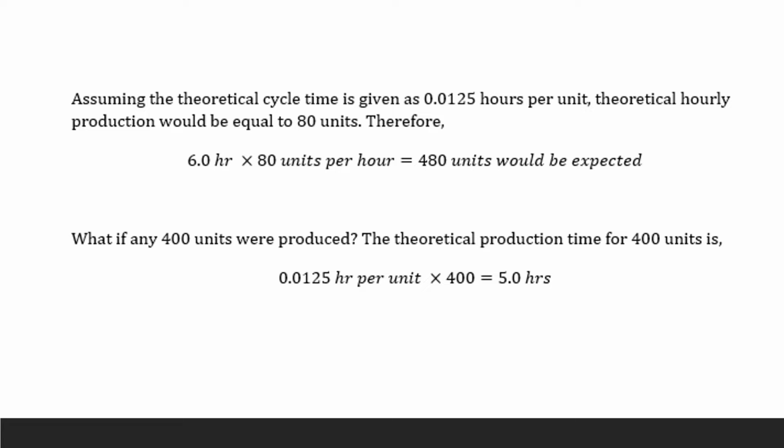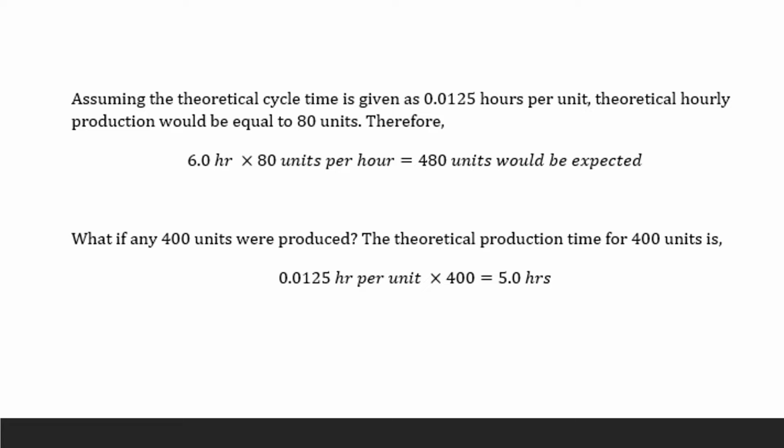For 1 hour, you divide 1 by 0.0125, so you can put the unit above the dividing line and hours under the line. Therefore you will get units per hour, and we call that flip the ratio. Instead of hours is to unit, we're flipping the ratio so it becomes units is to hours.